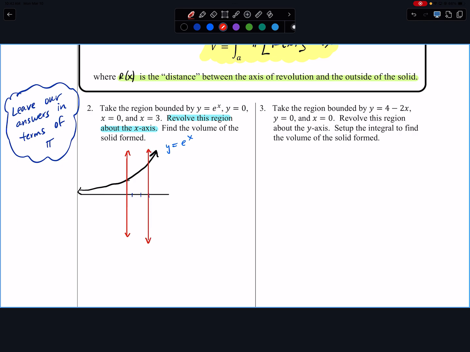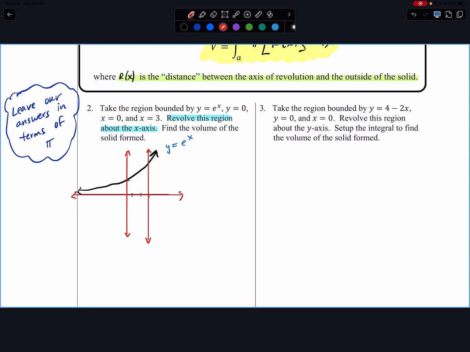And y is equal to 0. All right. Together, we're going to actually practice sketching what this looks like.